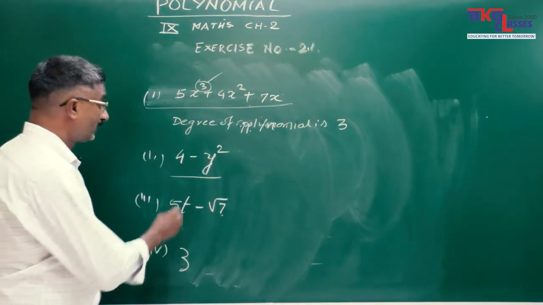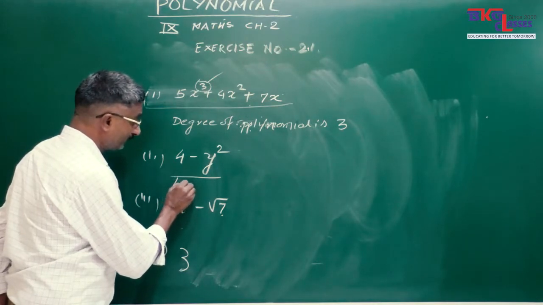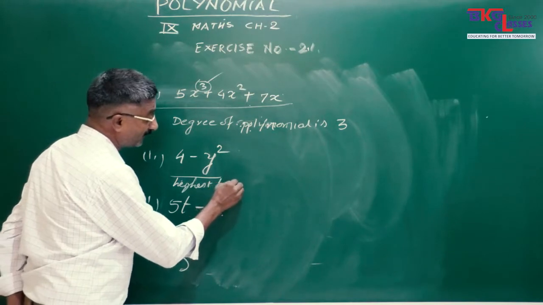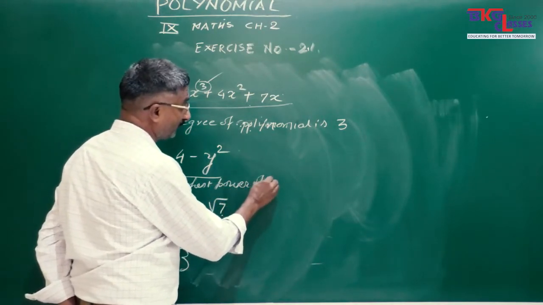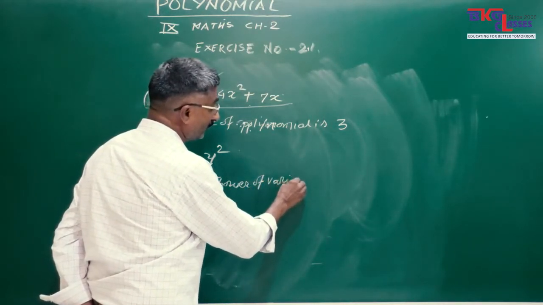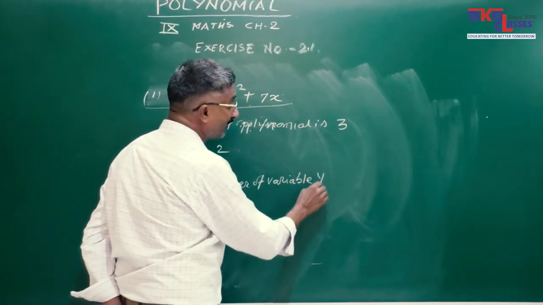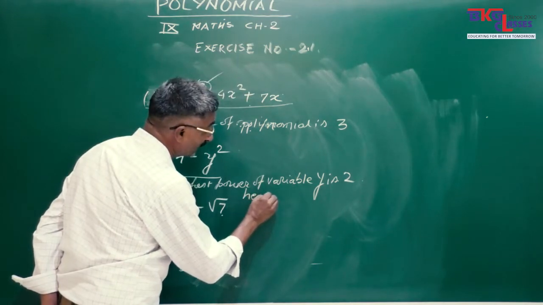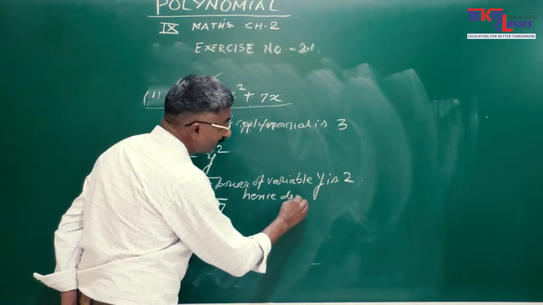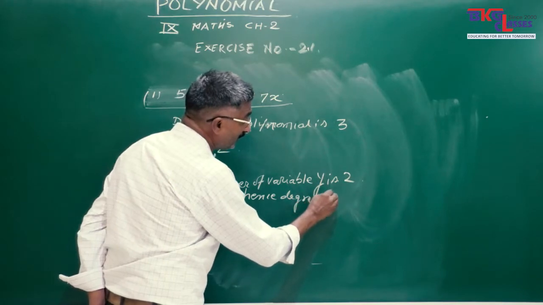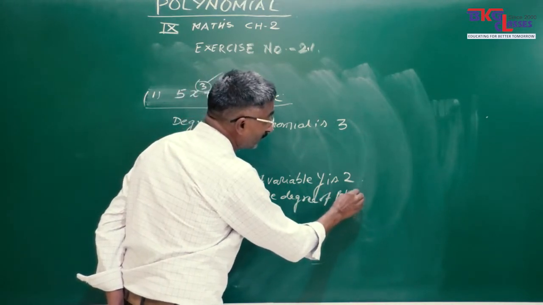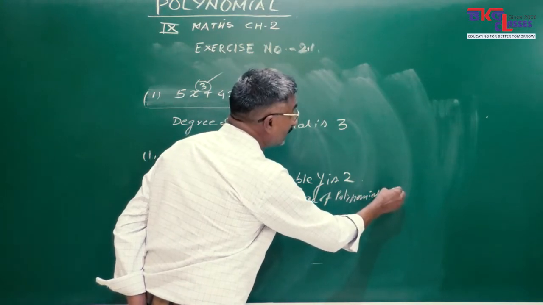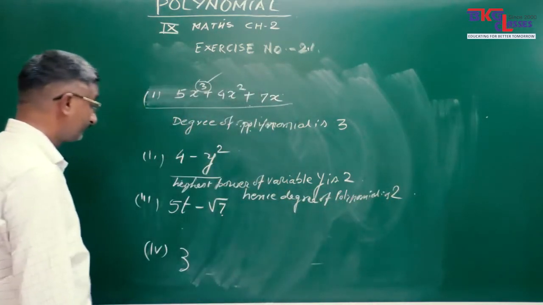In this case, variable is y. Highest power of variable y is 2. Hence, degree of polynomial is 2.